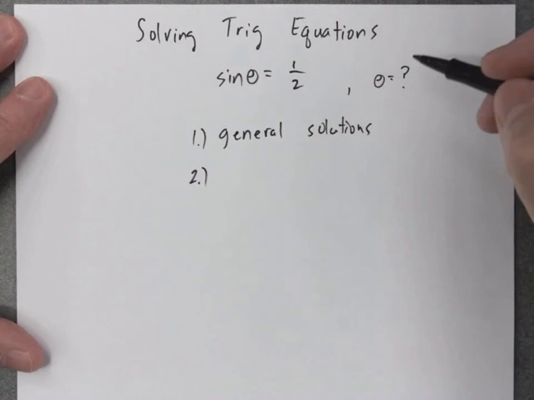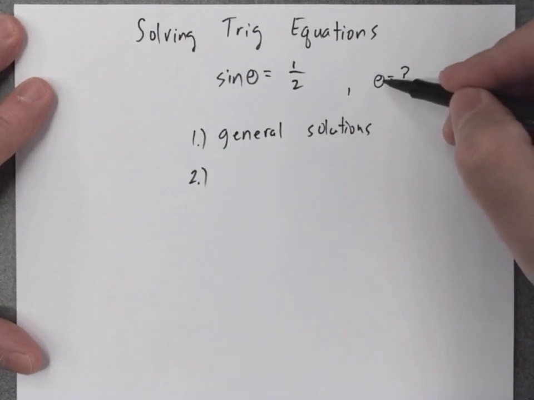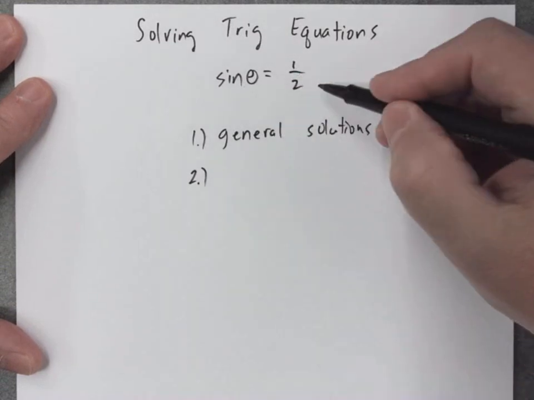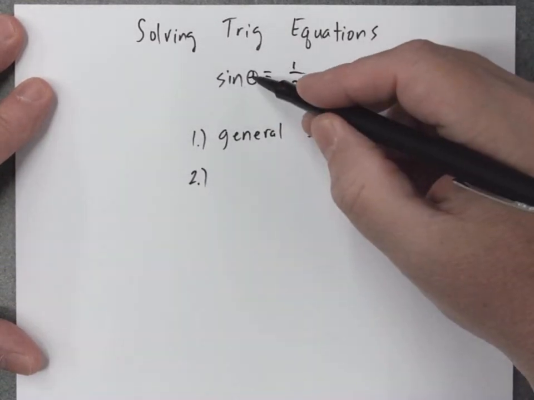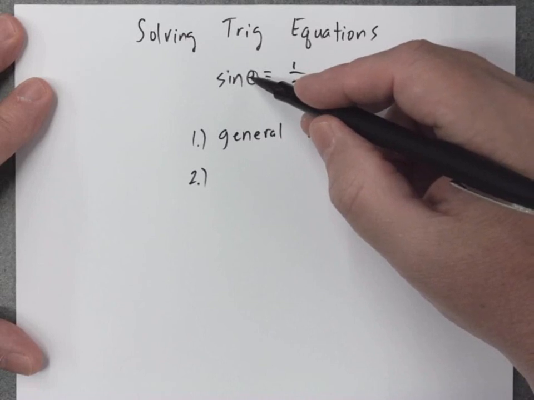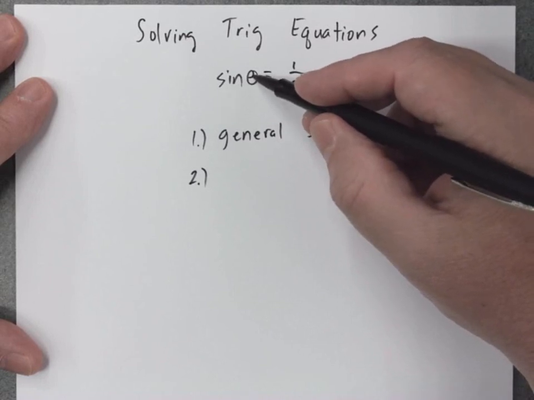General solutions means every angle that makes this equation true. So there might be more than one angle that when you take the sine it equals 1/2.